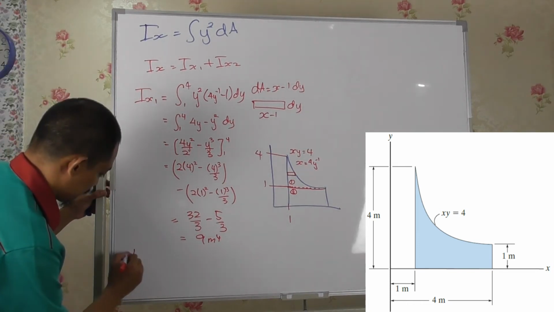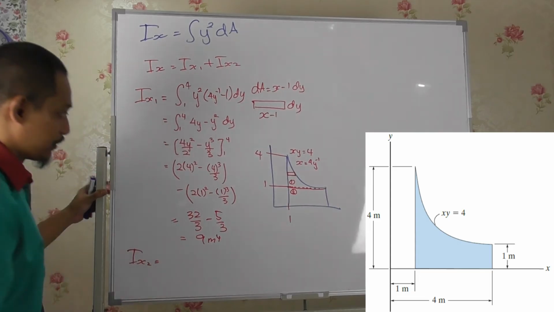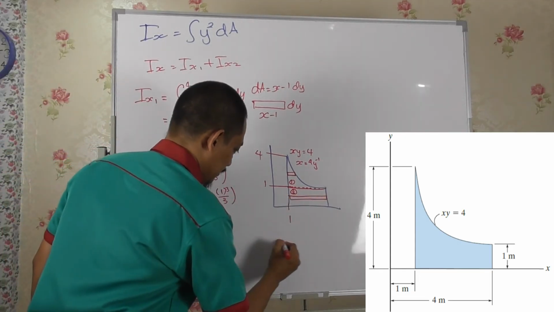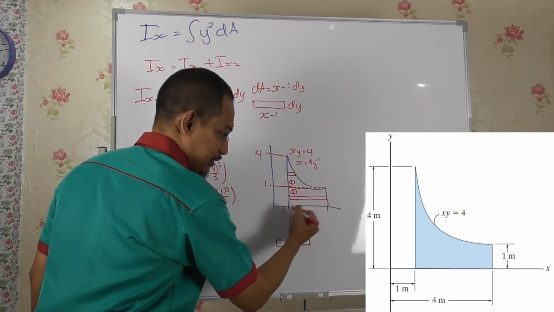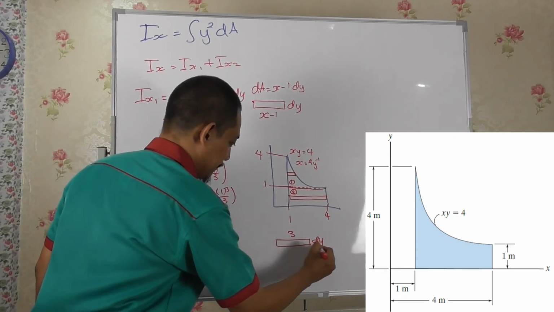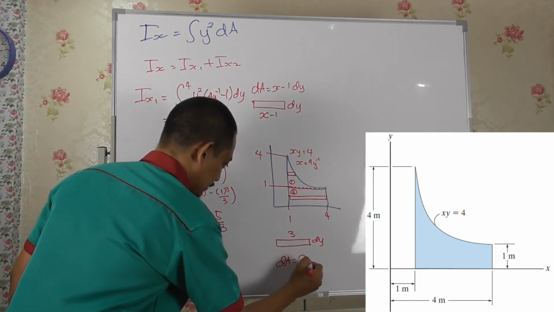What about Ix2? That's the region down here. So if you take element here, what is this length? Because this is 4, so the length is 3. This is dy, so dA is 3 dy.